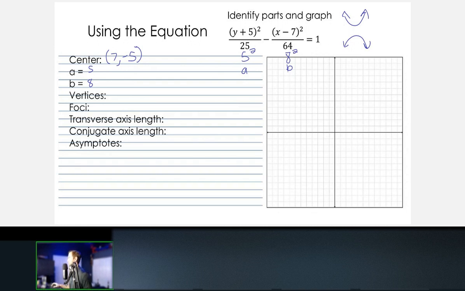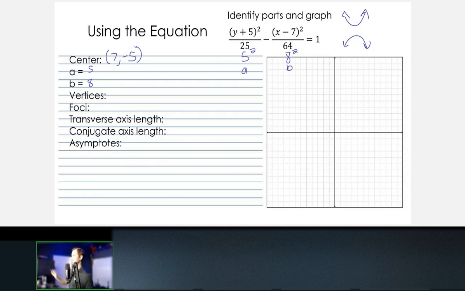All right. So I'm going to go ahead and graph these points. Also, I don't know if you noticed, but my a and b values are kind of big, and I don't have a lot of room on my graph. So I'm going to count every line as 2 units. So I'll be counting by twos to make it fit. So we're going to go over 7 and down 5.